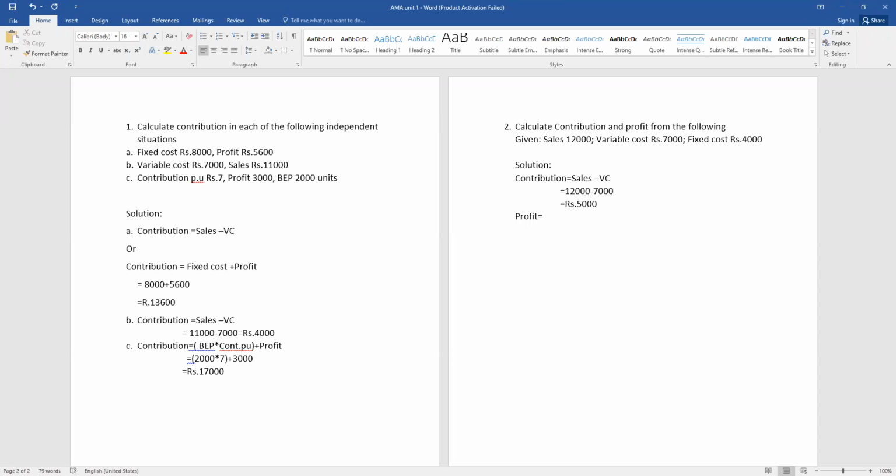So profit is equal to contribution minus fixed cost. We have contribution calculated as 5,000, and fixed cost is already given as 4,000. So your profit is 6,000. Sorry, 1,000. Have you understood?